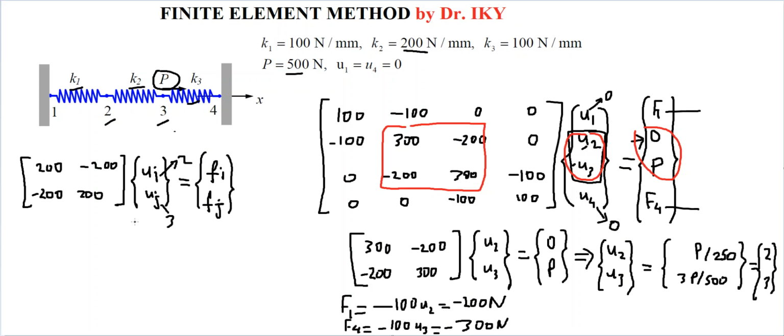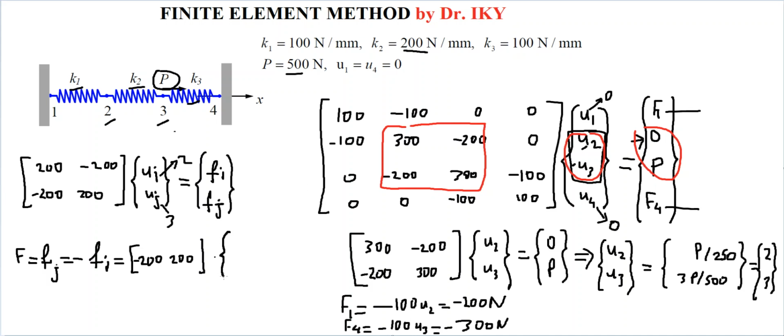Thus we can calculate the spring force, F or Fj, which is equal to minus Fi, and I can write it as a row vector, minus 200, 200.